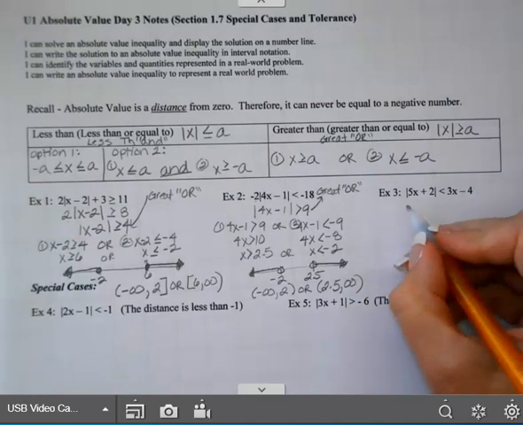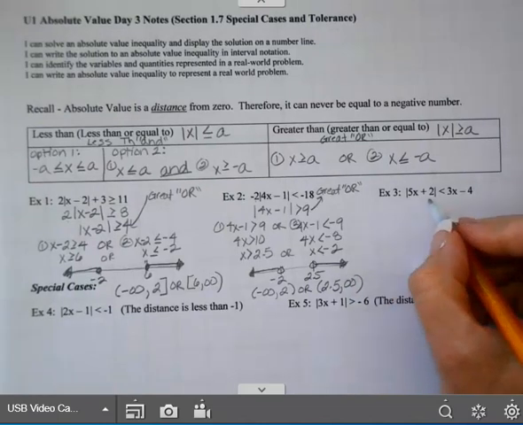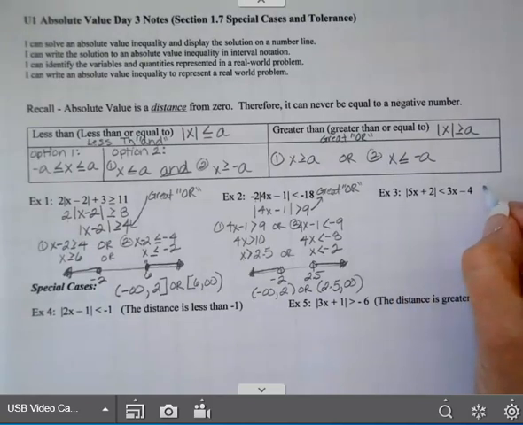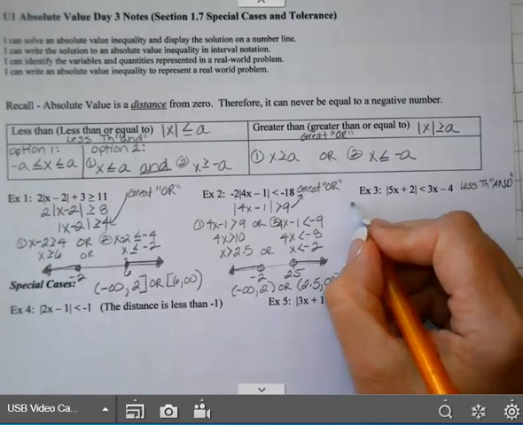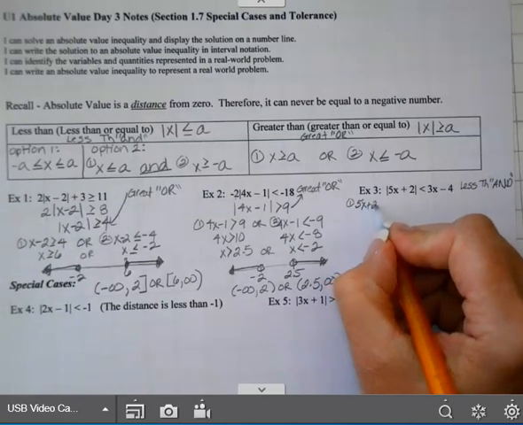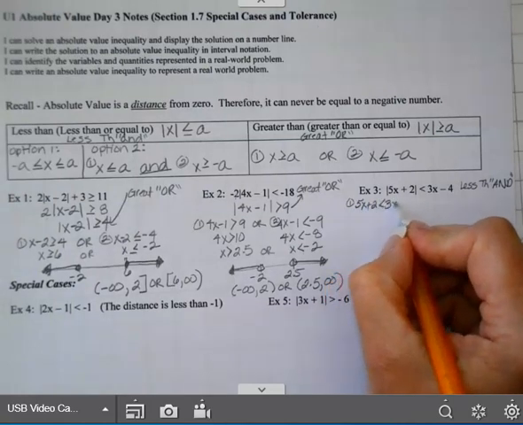For example 3, the absolute value is by itself. This is less than. So it's an and problem. My first inequality, I have 5x plus 2 is less than 3x minus 4.